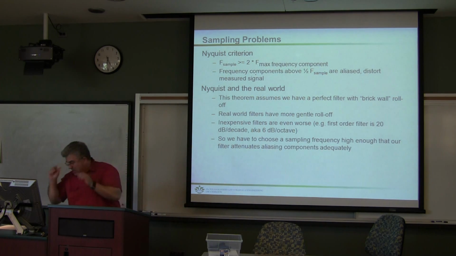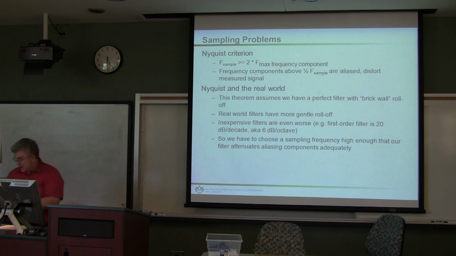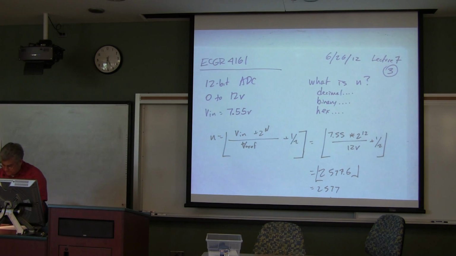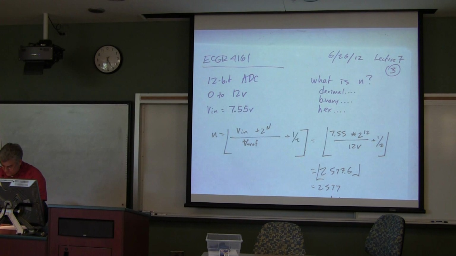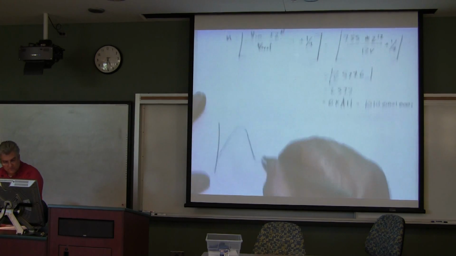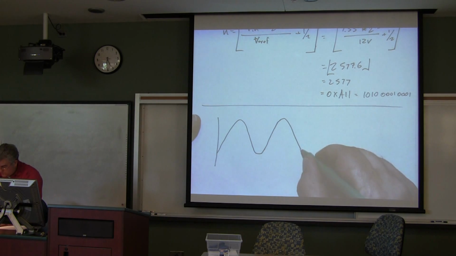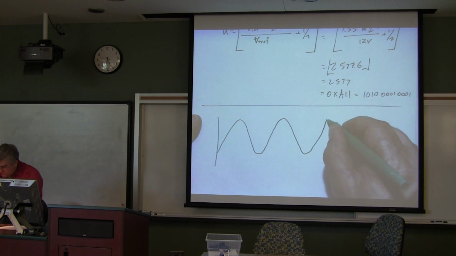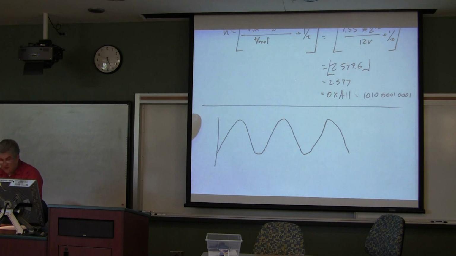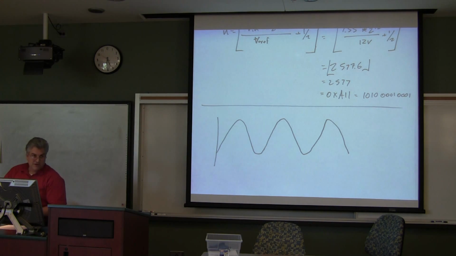So for example, if you are trying to measure a signal that looks like this, does anybody know what this is? Sine. Yeah, good. We've taught you something in the years here, right?